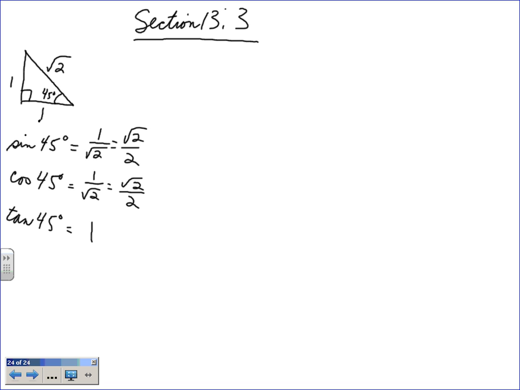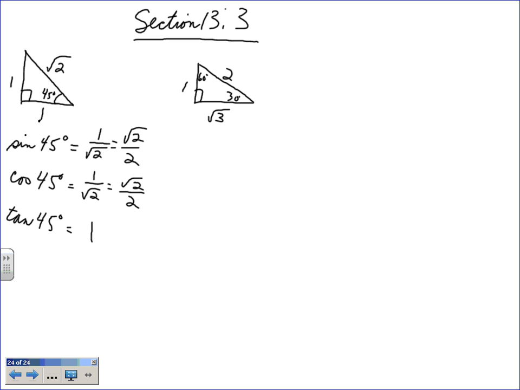We also learned a special angle in geometry, of a 30, 60, 90. Does anybody remember that ratio? Well, the hypotenuse is twice the shorter leg, and then the longer leg would be square root of 3.